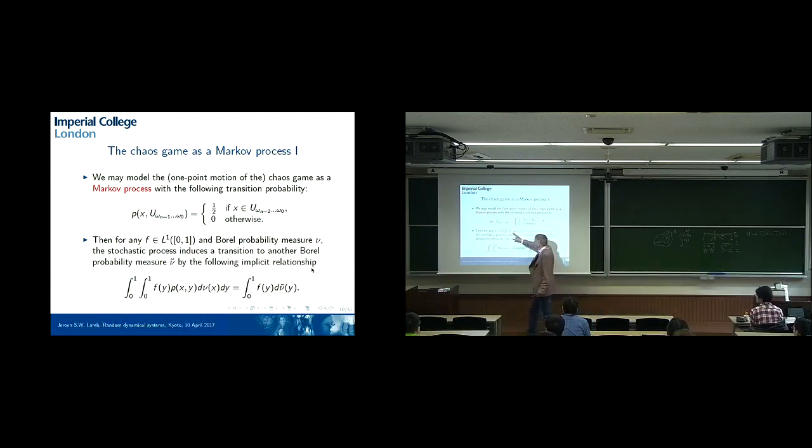I ask, what's the chance to go from x into this set? I can describe it basically: the chance is half if I'm in this set, and the chance is 0 otherwise. Because I know precisely which set, because this set is mapped into two sets, to the left and to the right.